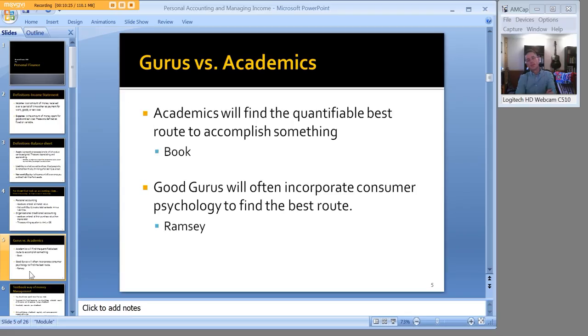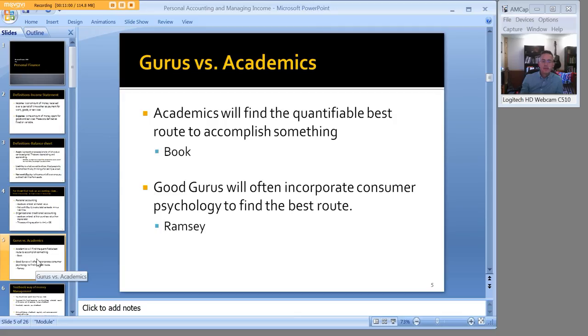The reason I do that is we don't have enough time for me to present the 25 different ways you can budget. A, it's really of no benefit for you, and B, well, I guess A and B are the same. It's not going to be of much benefit for you. So at times in here, I'm not going to speak as much as an academic, but probably more as a guru, and just to cut the time down, tell you, here's what most financial professionals recommend, and that may be the way of doing something.